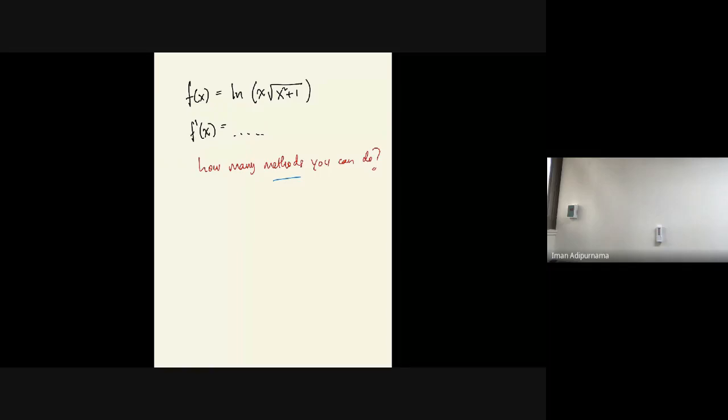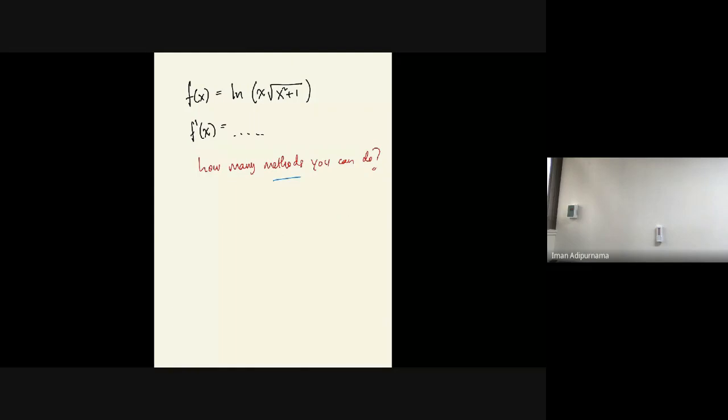So the function is the ln, and then you have the inside function. Of course, you can do the chain rule. So you have the function ln, and the inside function has 2 components of functions, right? You have x and then square root of x squared plus 1. So you can do the chain rule process.